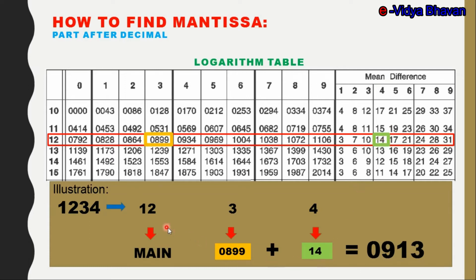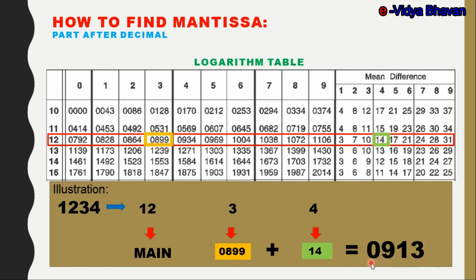So for this 12 you have to see in the main table, the third digit 3 we have to see in the difference table. For this we have got the answer, and the 4th digit we have to see in the mean difference table. Now difference table plus the mean difference table, if you add, you will be getting 0913, and this is nothing but your mantissa part.